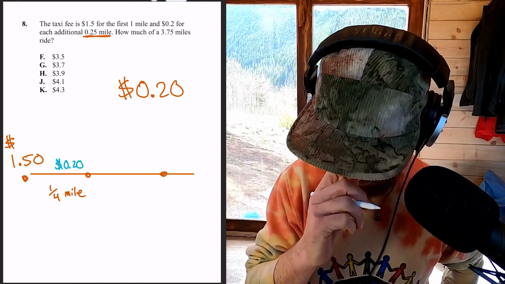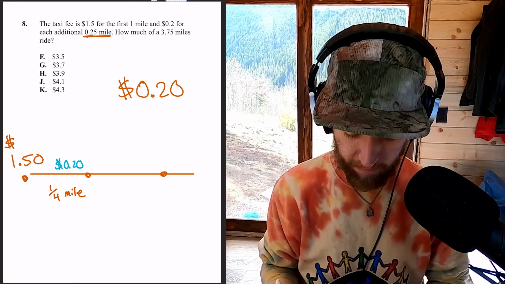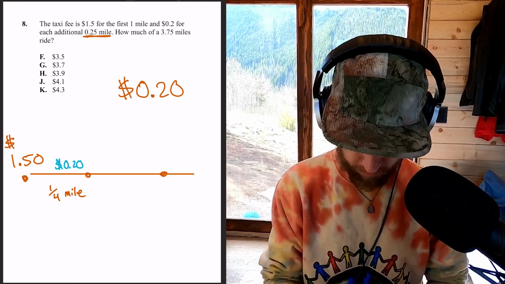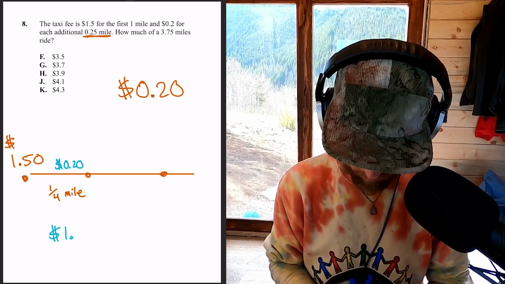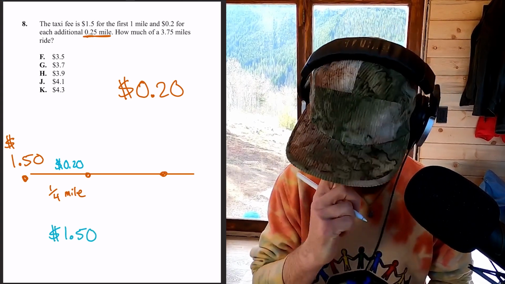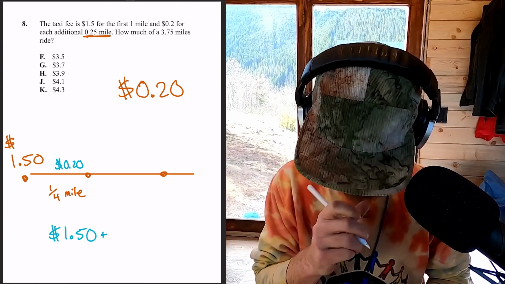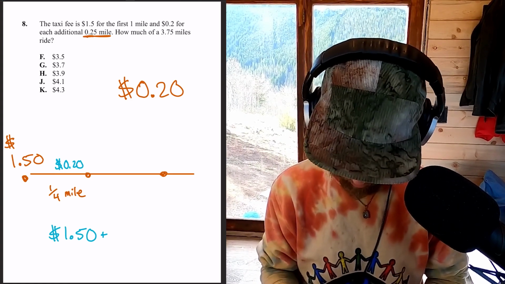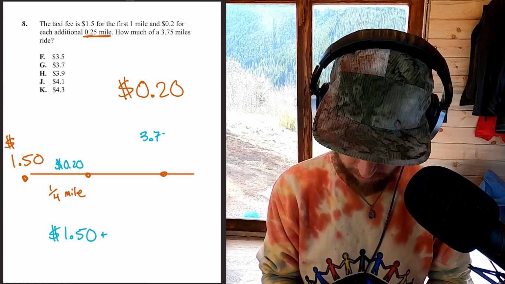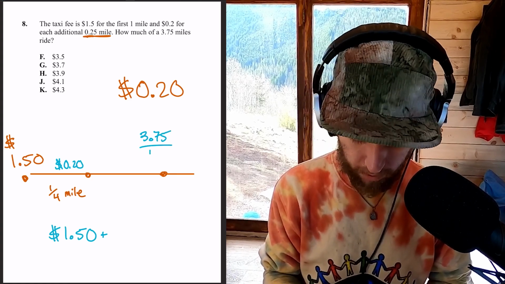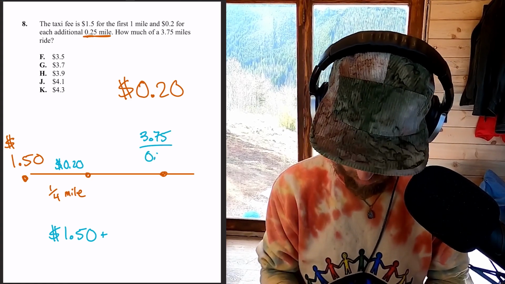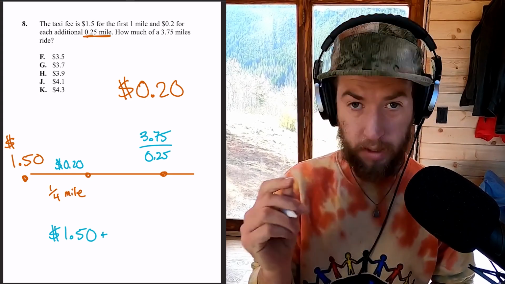How much is a 3.75 mile ride? So we got the $1.50 to start with. We know that. That's before you even travel an inch. Plus, in 3.75 miles, how many quarter miles are there? Well, how many quarters in $3.75?